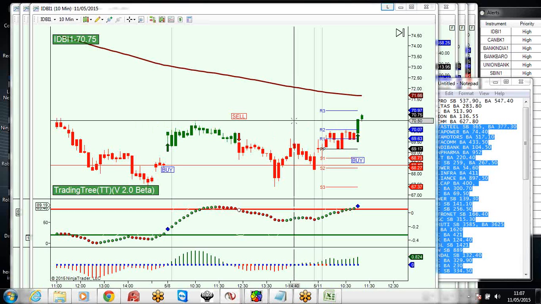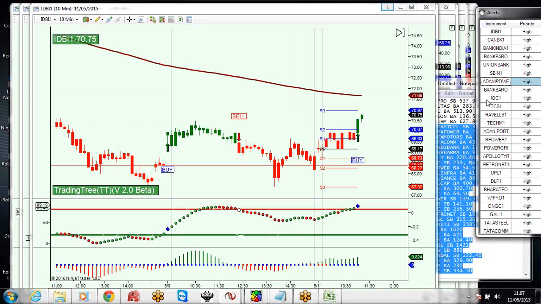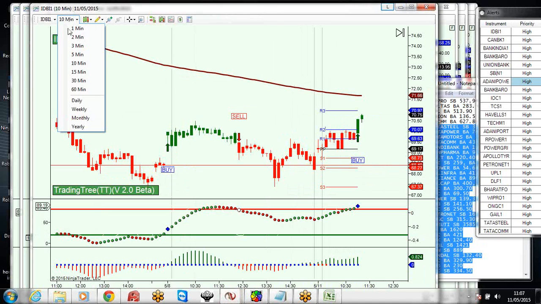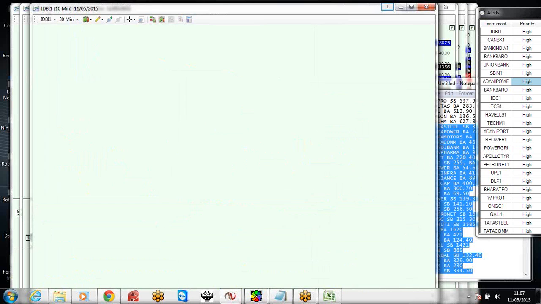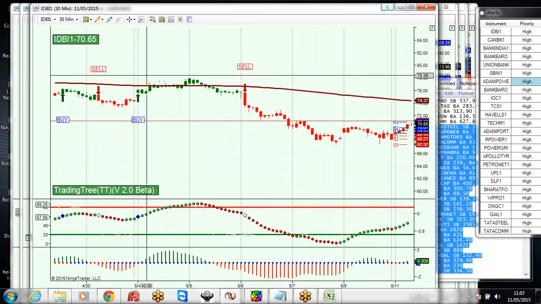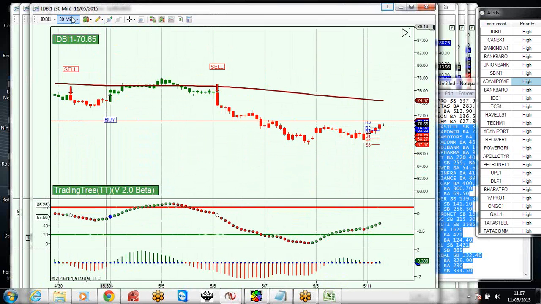So I think you have already seen that you get the voice alerts, the pop-up, and all your calls that are generated will be stored in your alerts here. So you can do both intraday and positional. So 10 minutes we use it for intraday, and 30 minutes we regularly use it for positional calls. And we can even trade in options also.